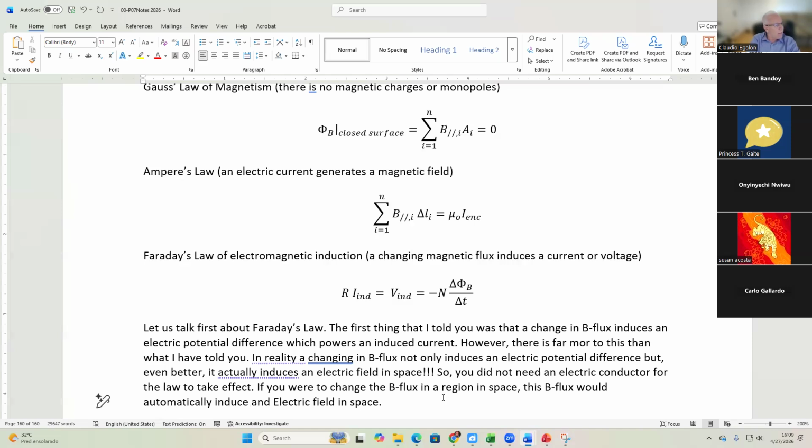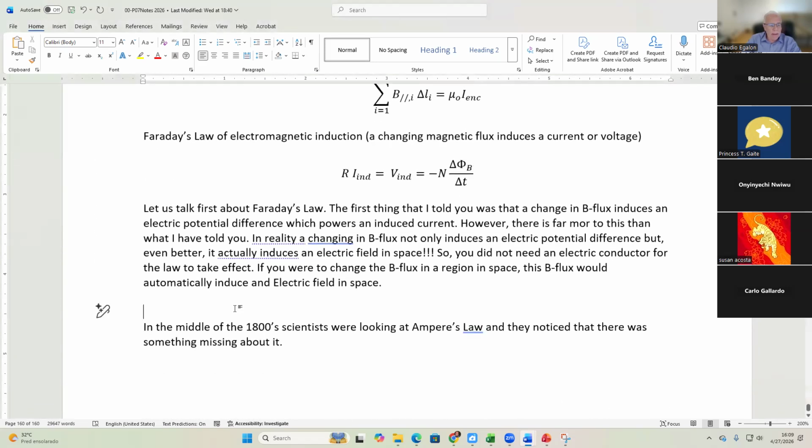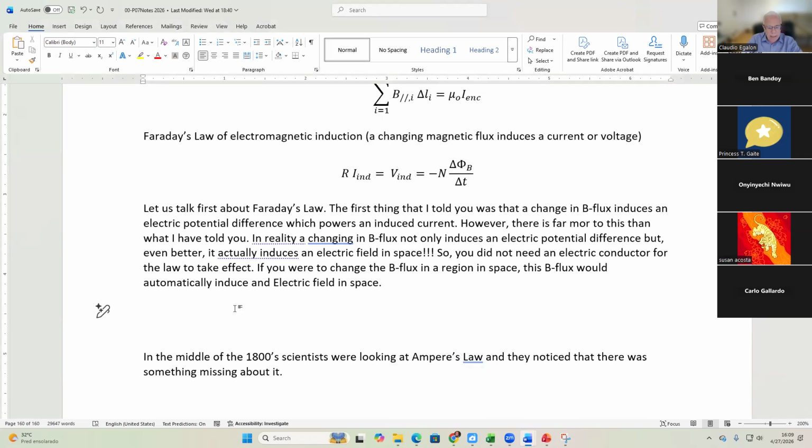So now we can write our Faraday law in a different way. We can add a new term that is related to the electric field.